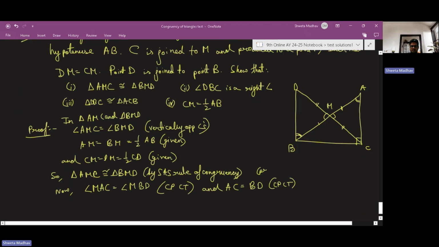So hence the first part has been proved, that triangle AMC is congruent to triangle BMD.